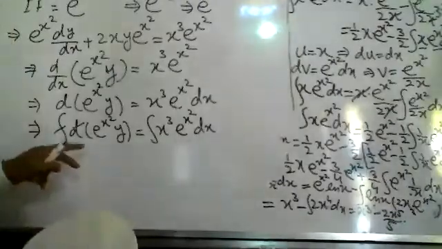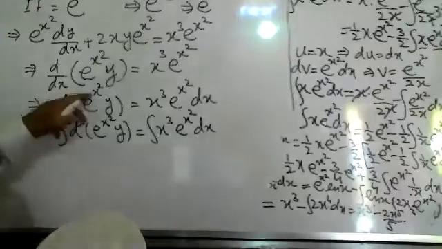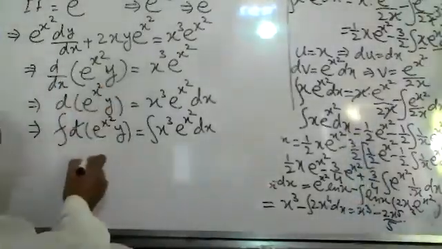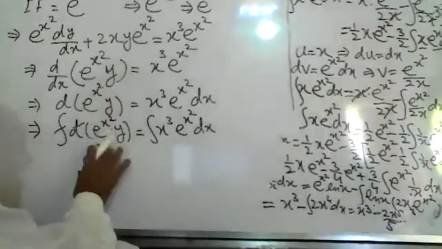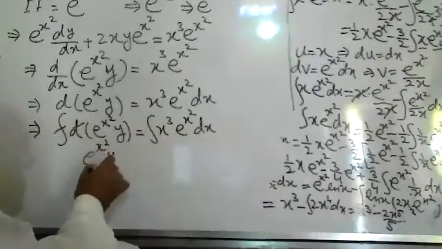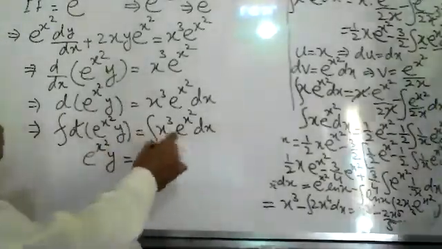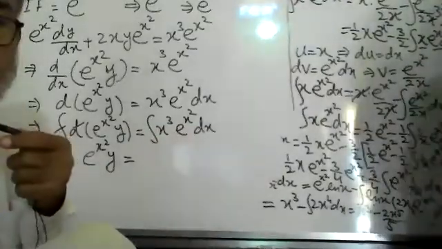Up to here is same thing. Derivative is cancelled with the integration, e raised to power x square y. So that is e raised to power x square into y, equal to, that is solved by tabular form.